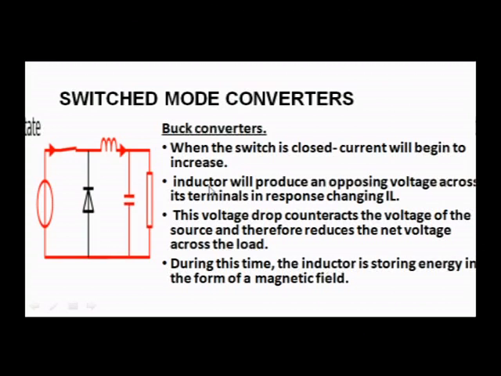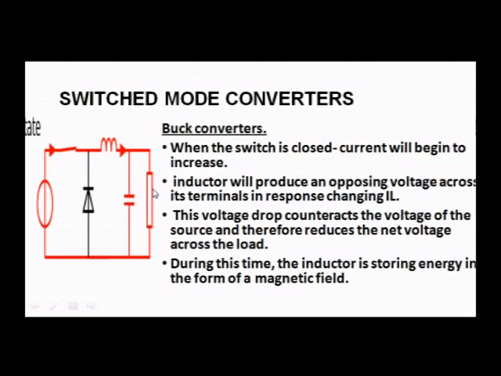At the same time, because of the sudden change, the inductor will produce an opposing voltage across its terminals in response to this sudden inrush of current. Opposing voltage means a voltage which is going to oppose VI. So, there will be a voltage drop across the inductor. This voltage drop counteracts the voltage of the source which has actually caused it, and therefore reduces the net voltage across the load.